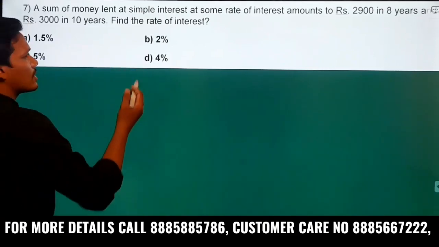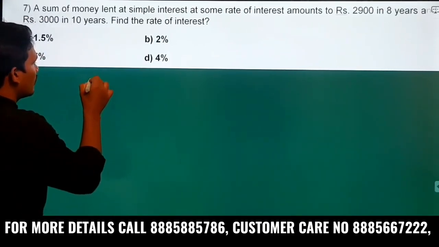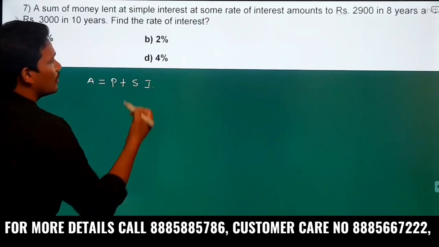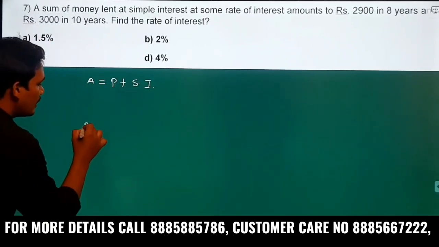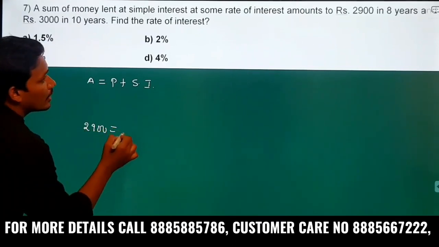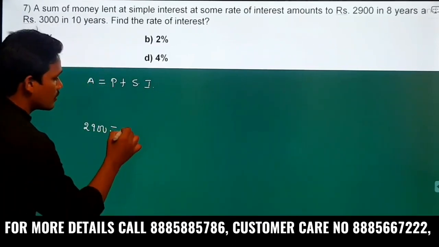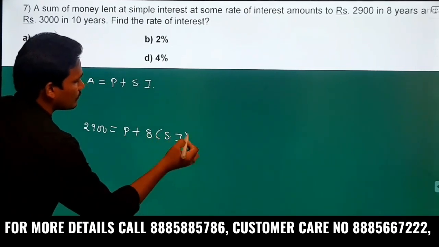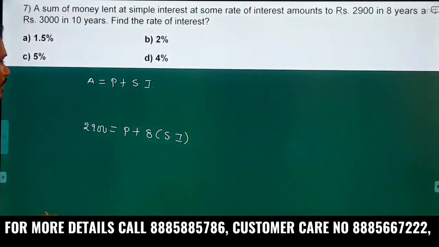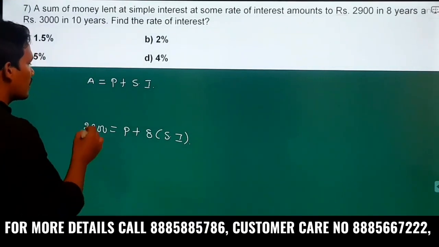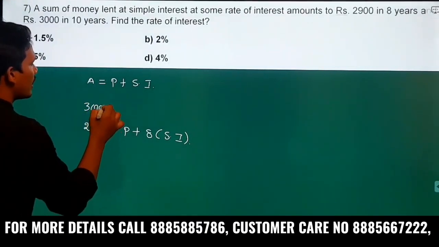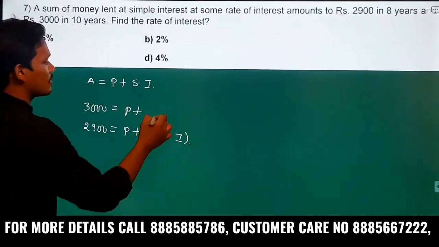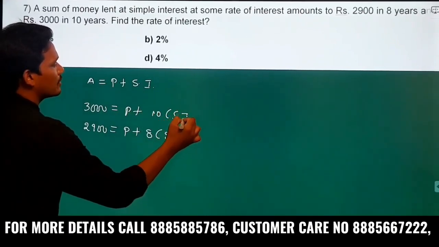What's the first point here? We know that amount equals principal plus simple interest. 2900 rupees you will get at 8 years, so principal plus 8 years simple interest. 3000 amount you will get after 10 years, so if you add 10 years simple interest, you will get this.